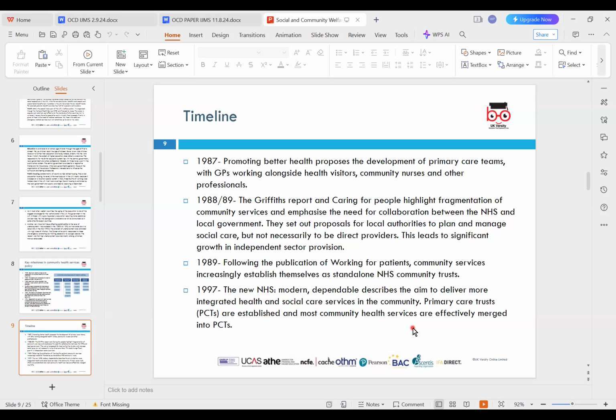In 1987, there was promotion of better health proposals.